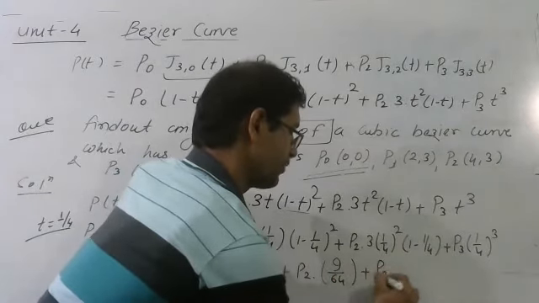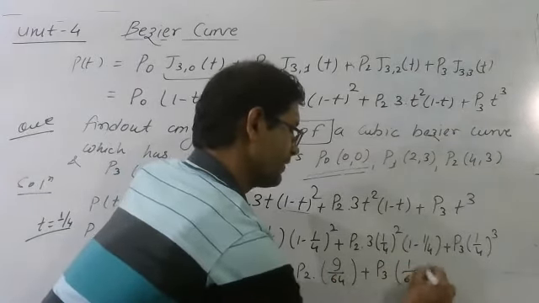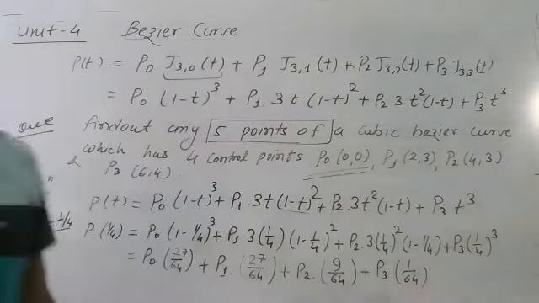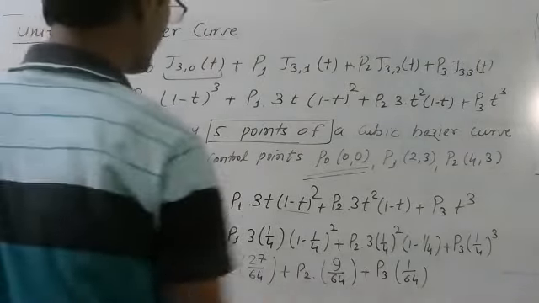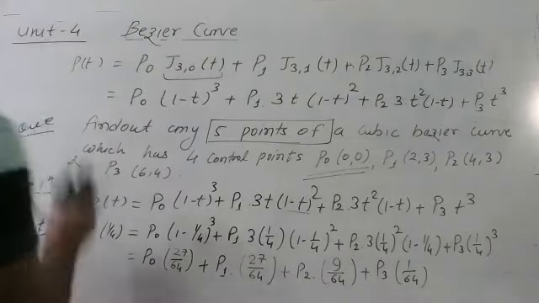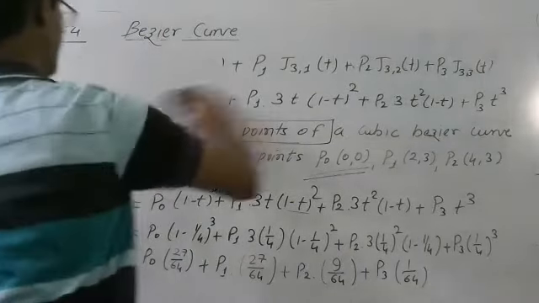This is all about calculation. And this last term will become 1 by 64, since 4 cubed is 64. Now we need to put the values of P0, P1, P2, P3 so that we can find a coordinate position. So next step, I'm writing here.